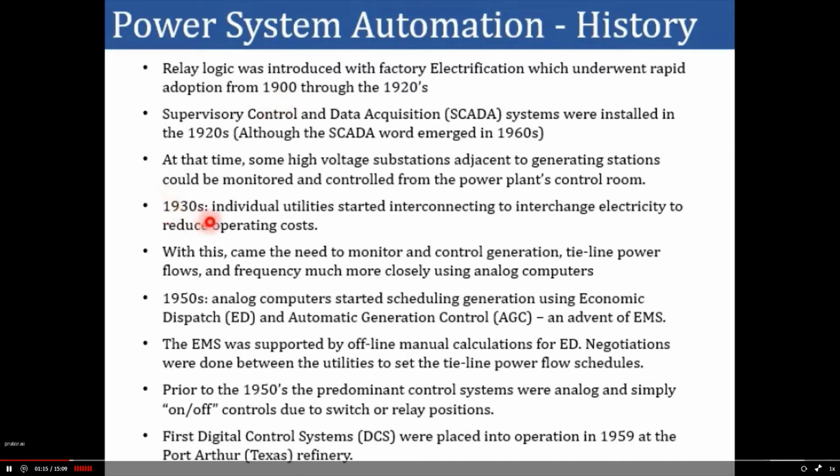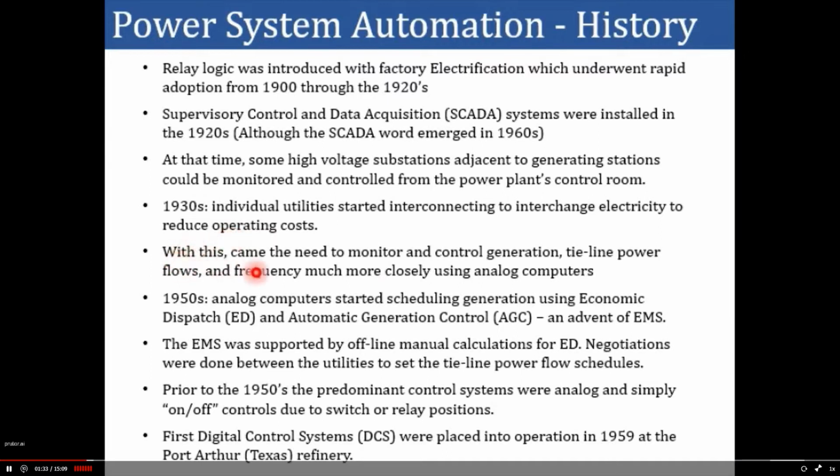In 1930, individual utilities started interconnecting the electrical grid so that they could reduce the operating cost. So you can see that in 1930 we already started the interconnection of the power system network.